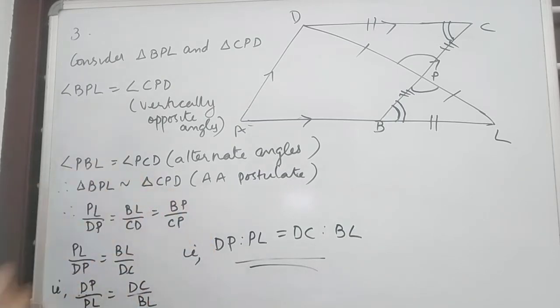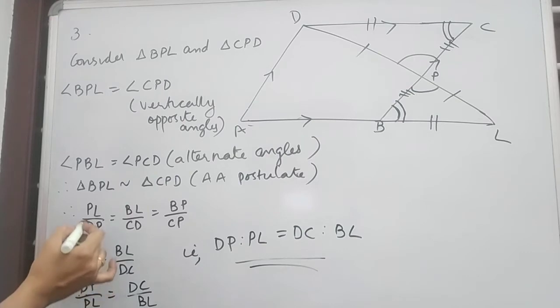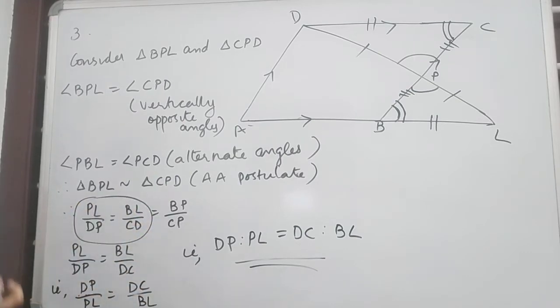If we are considering these two, PL divided by DP is equal to BL divided by CD. Taking the reciprocal, it will become DP divided by PL, and here DC divided by BL. In ratio form, DP is to PL is equal to DC is to BL. That is our first part.